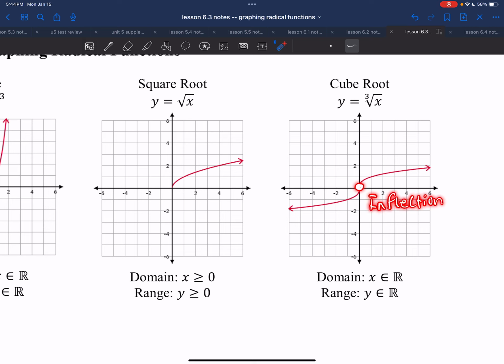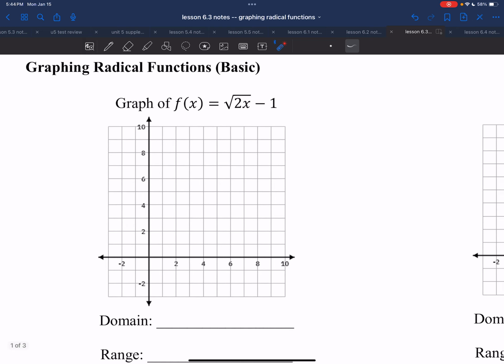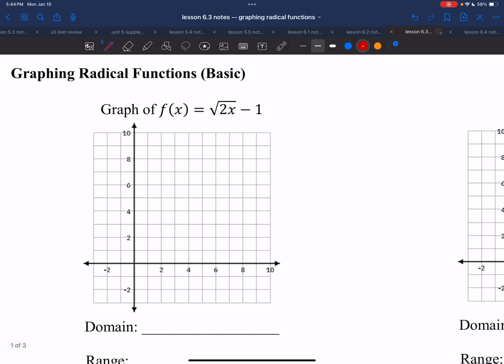That inflection point moves around based on those same transformations. It's really important because that's where the concavity of the graph changes. Remember, concavity is this scooping of the graph, changing from scooping upwards to scooping downwards. So pay attention to that. It's not too hard, but something to look out for.